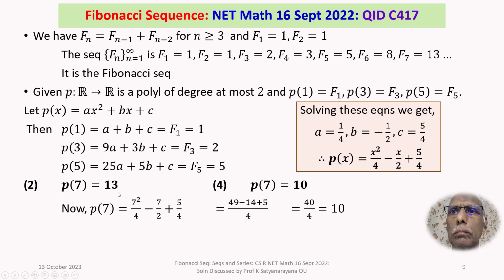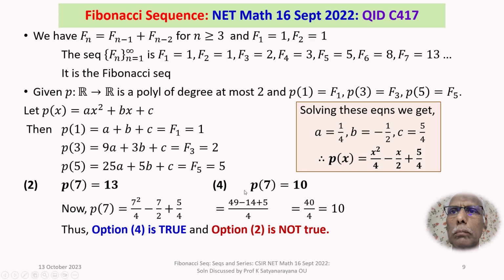Option 2 is not true. If someone guesses that P of 7 is F7, therefore 13, that is totally wrong. According to this formula, you will get 10. Agreed? Thus, option 4 is true and option 2 is not true.